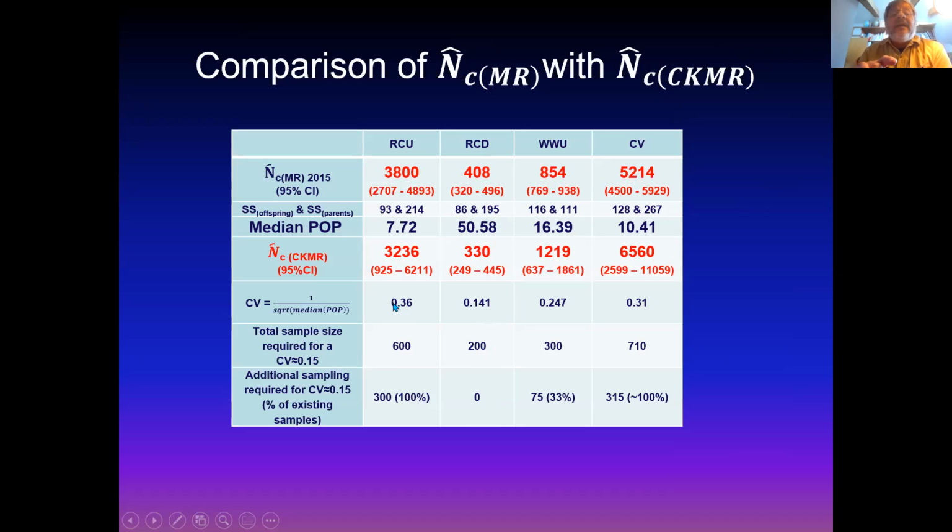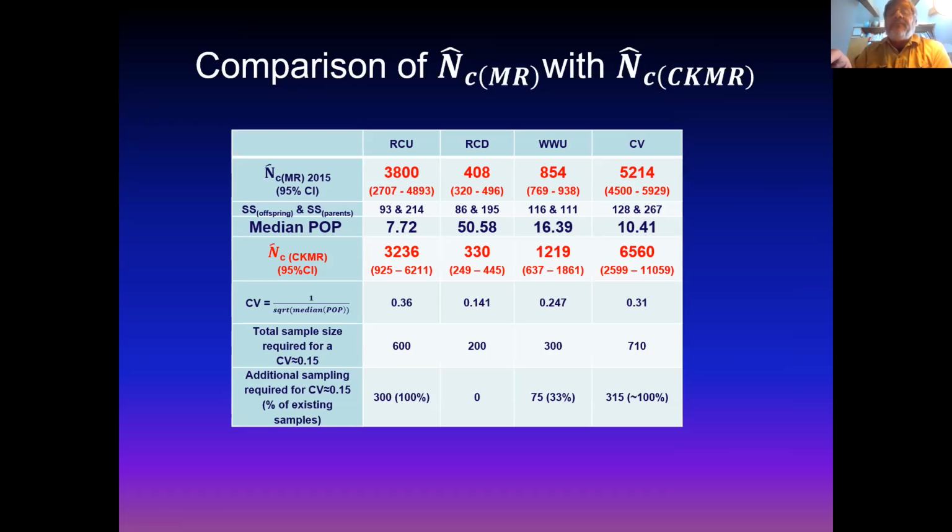In this case, we would have had to genotype a total of 600 individuals. So the increase in effort would have been 100%. So we needed to genotype another 300 individuals for this part of the stream. In this other one, we only needed to add roughly 75. And in this case, we needed yet another 300.